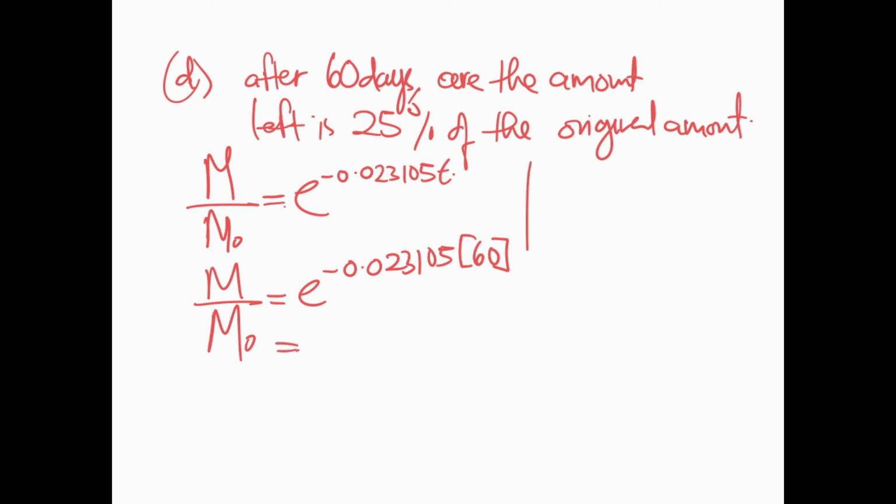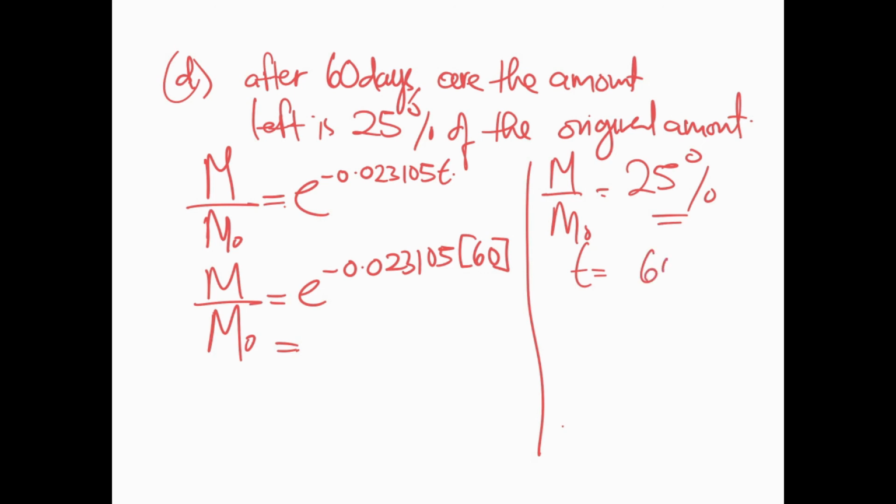There are two methods for us to do this: to find out whether we have 25% left after 60 days, or set m over m0 equal to 25% and from there we should get t as 60. Let's do both methods.